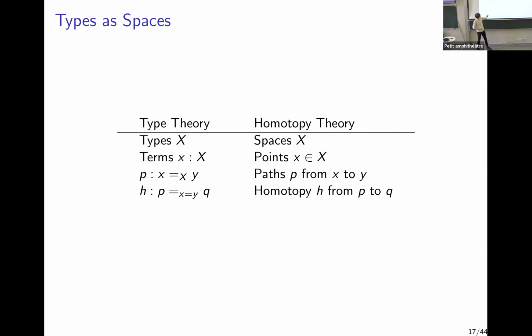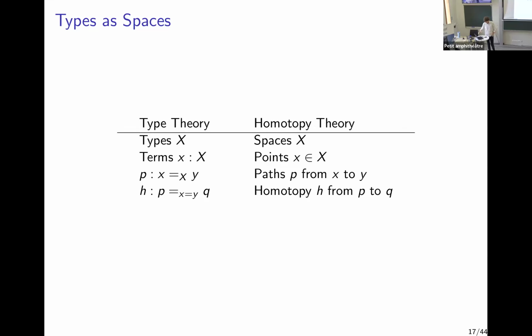But the homotopy type theorist has a different point of view. An equality is seen as a path within the space. So these two points might be different, but they must be connected by a path. You're in some space, two points might be different, but connected by a path. And that also permits us to have a meaningful or non-trivial notion of equality between two different proofs of equality, because there's a homotopy between paths.